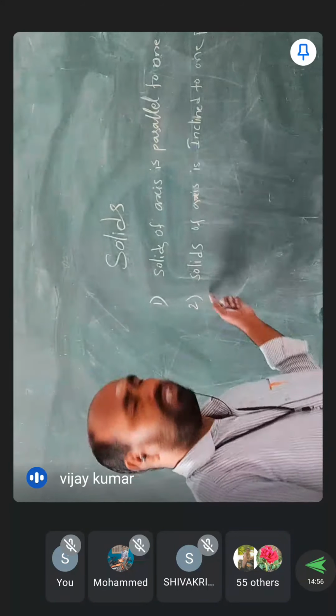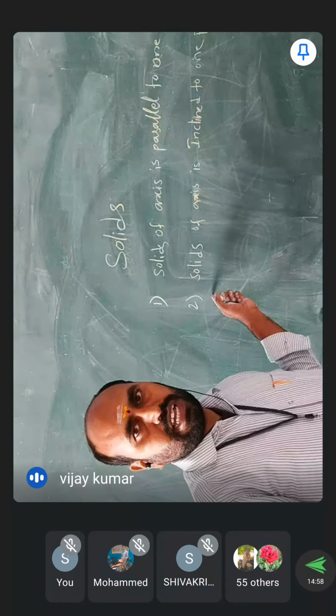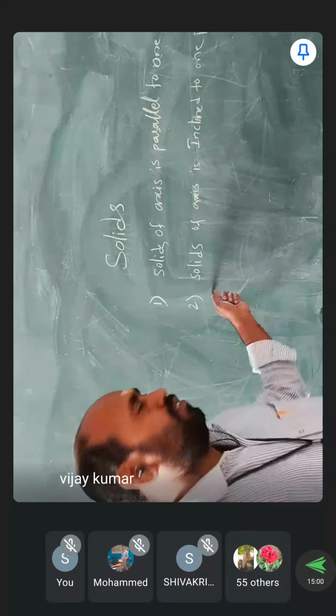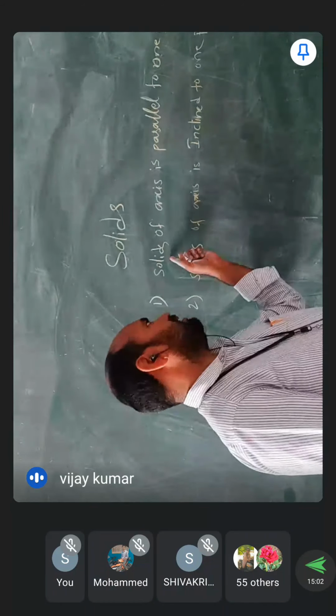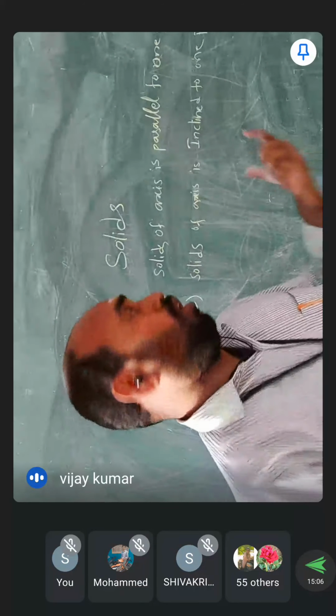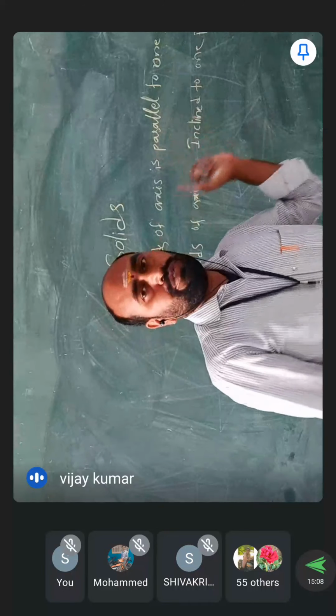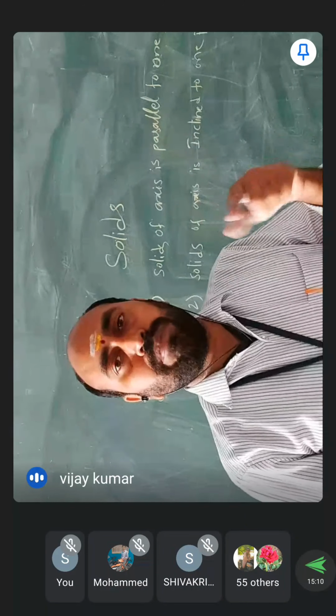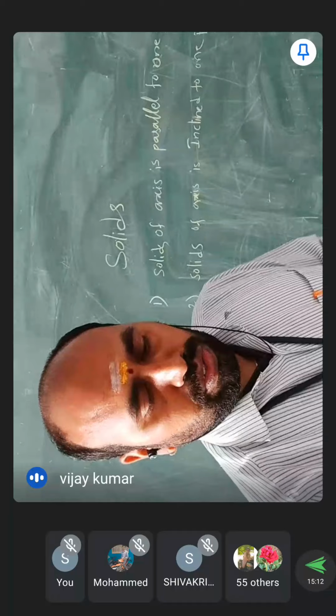Depending upon these two conditions, we are going to discuss some problems. The axis of a solid being parallel to one plane means it is perpendicular to another plane. You can conclude that.